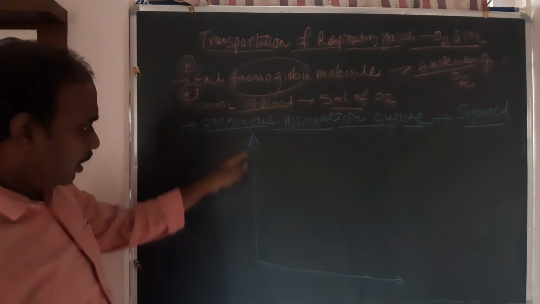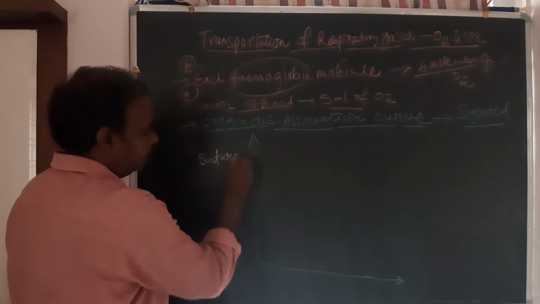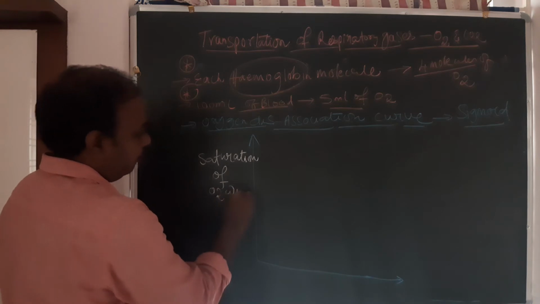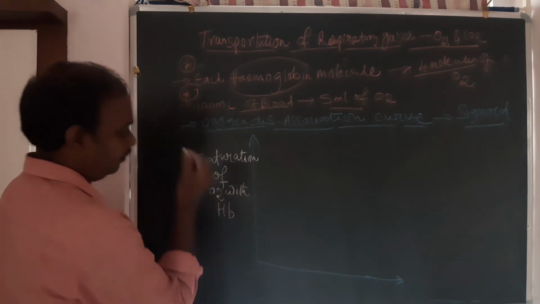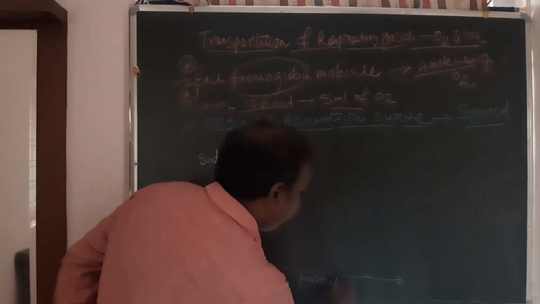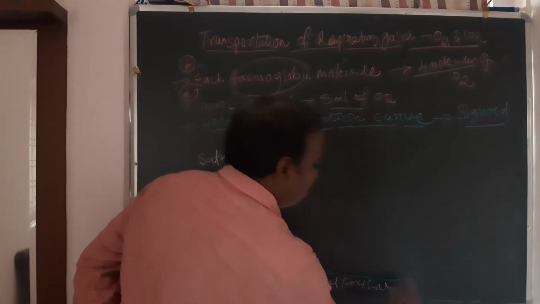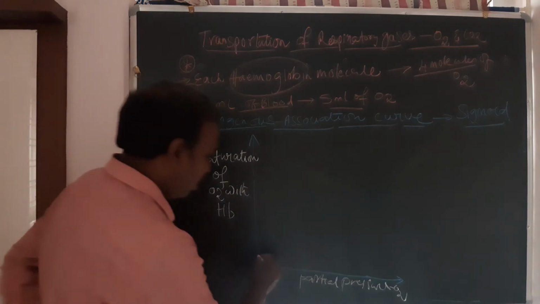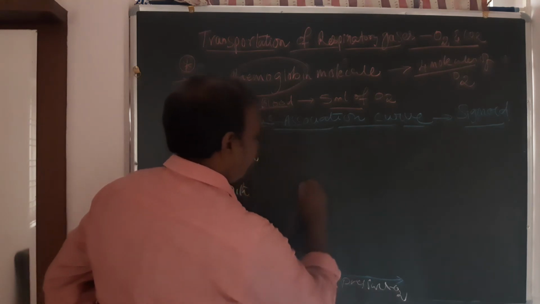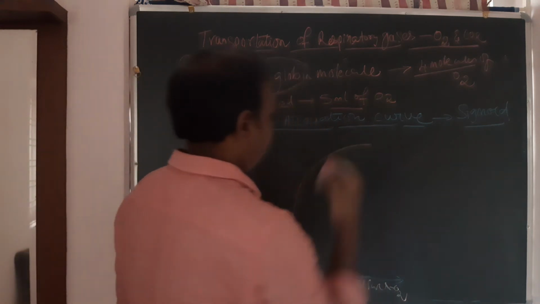On the x-axis, you take the saturation of O2 with hemoglobin, and you take the partial pressure of O2, and the line that you get here is the sigmoid curve.